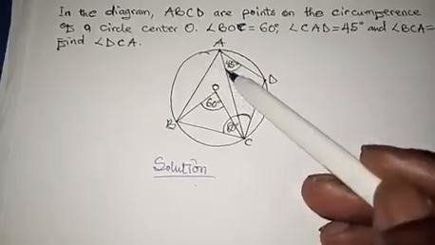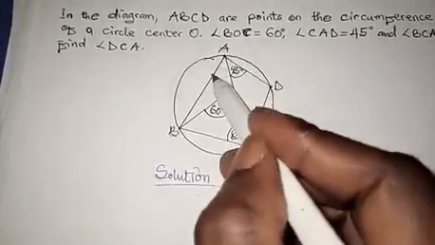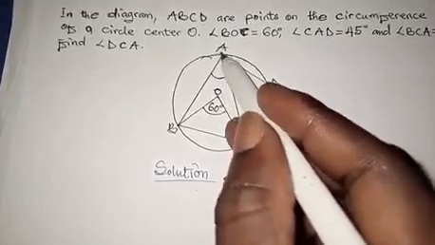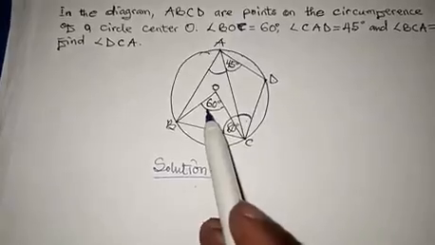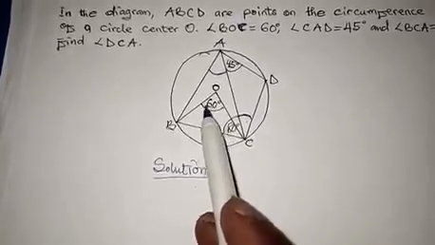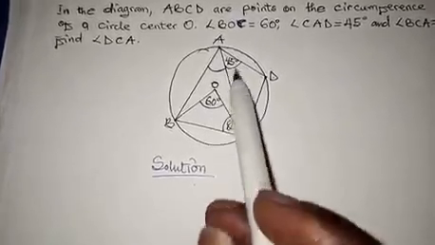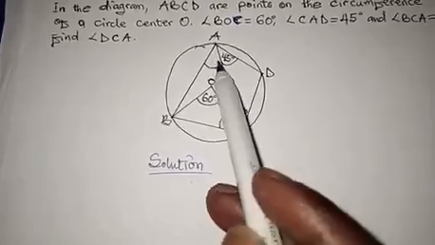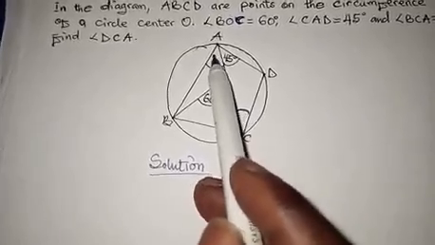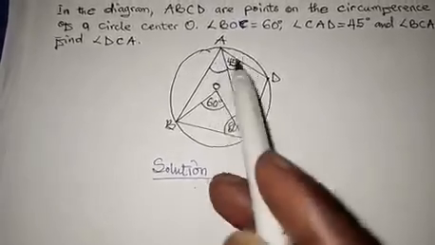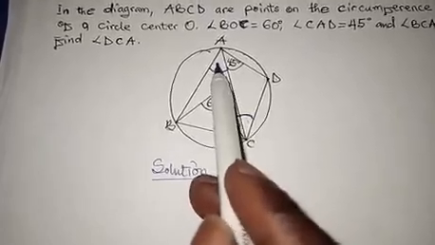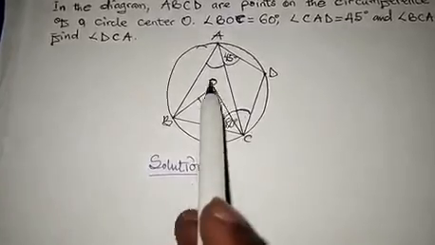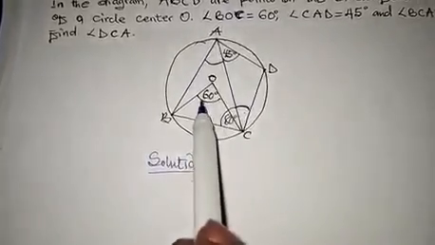In that property, if I want to find the angle at the circumference, I should find half of the one at the center. The same thing, if the question gives us the circumference angle, we would find twice of it to get the one at the center.